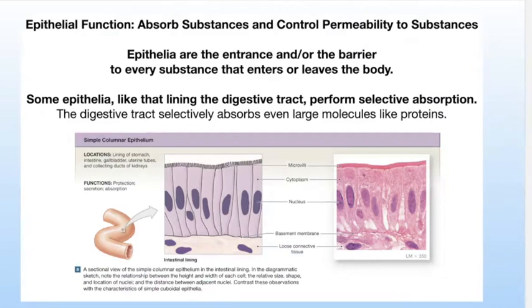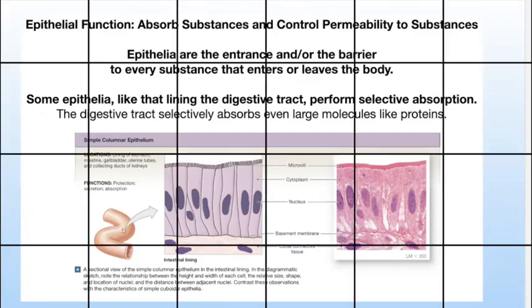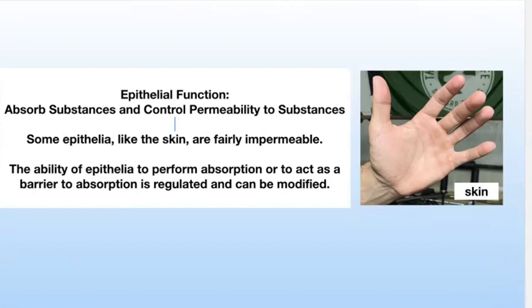Some epithelium, like that lining the digestive tract, performs selective absorption. For example, the digestive tract selectively absorbs even large molecules like protein. Some epithelia, like the skin, are fairly impermeable to all substances. The ability of epithelia to perform absorption or to act as a barrier to absorption is regulated and can actually be modified.